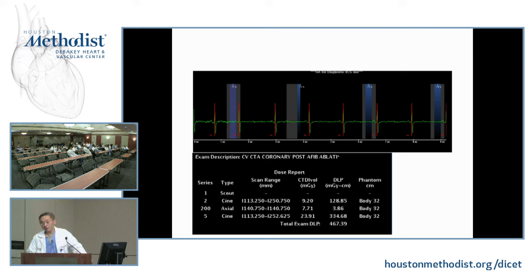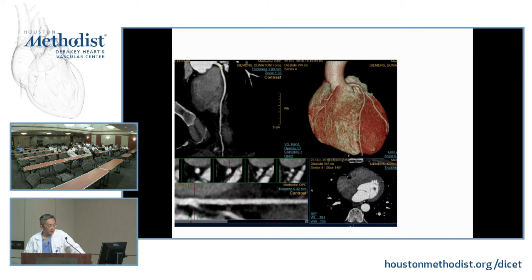Our GE scanner only does 120 kV, so that doesn't allow you to do lower kV imaging, even if the patient is small enough for lower kV. So the total DLP he got was 467. That's equivalent to roughly 6-7 millisievert, right? And with flash mode, compared to prospective gating, on top of it, we were able to perform 100 kV imaging.